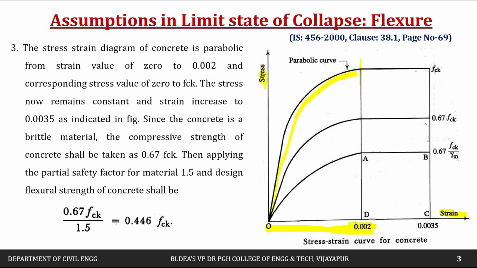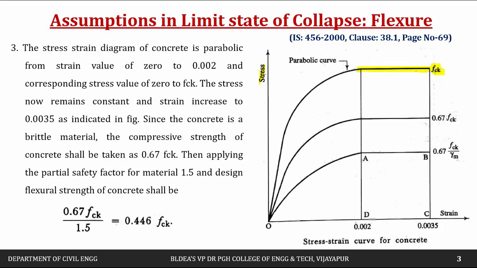After this, the stress will remain constant. So stress will remain the same, that is fck. From 0 to fck it is parabolic, and after that it will remain the same.